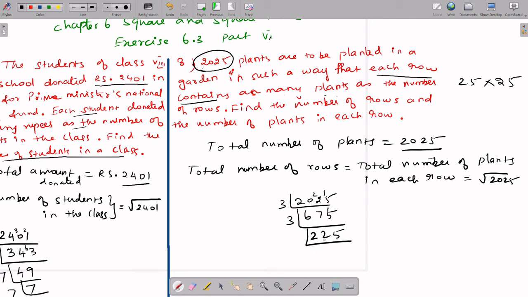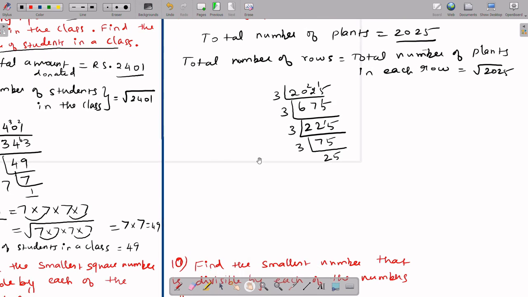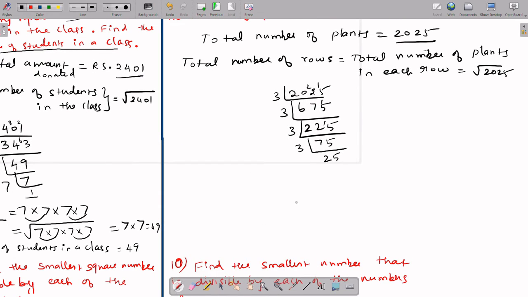Again we use the third table. 7 3s are 21 and 15 is there. 5 3s are 15. 75 is there. So we start again with the third table. 2 3s are 6 and 5 3s are 15. Again we use the fifth table. 5 5s are 25 and 5 you have 1.